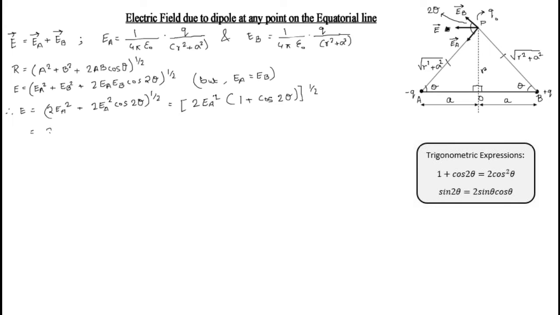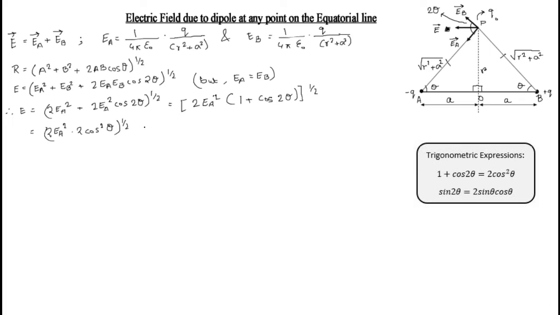So the first part is the same, 2EA square, and the next part becomes 2 cos square theta, and again there is the power half.